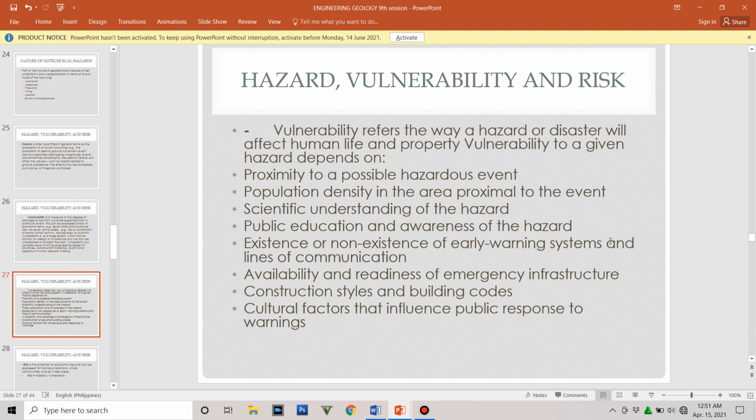So it refers to the way a hazard or a disaster will affect human life and property. Vulnerability to a given hazard depends on the following: proximity to a possible hazardous event.